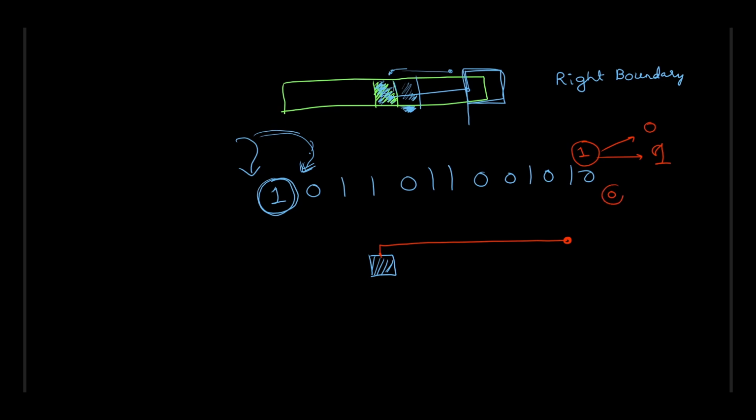But if I am set to 0, then you also have to be 0. So for the highest order bit, all these elements follow the condition. For the second highest order bit, all these elements follow the condition. Let's say for the third highest order bit, all these elements follow the condition. For the fourth highest order bit, all these elements follow the condition.